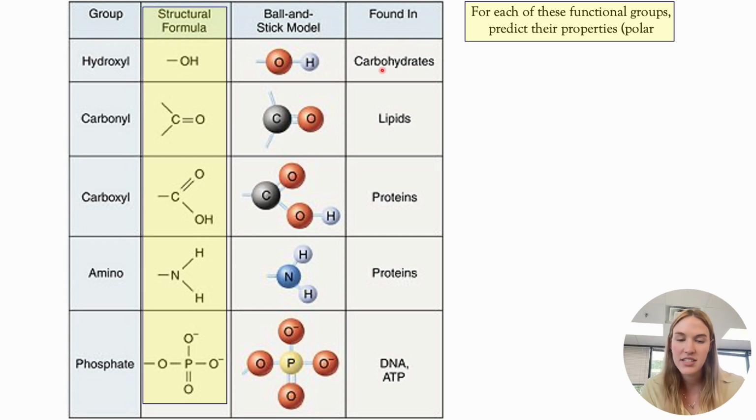So carbohydrates often have a hydroxyl off of them. Deoxyribose has one. Ribose has at least two. Carbonyls, now I told you that the carbonyl itself is polar, but lipids are typically nonpolar, so what comes off of these bonds are typically going to be nonpolar substances, like in lipids.